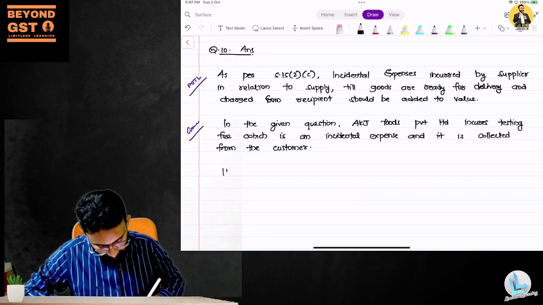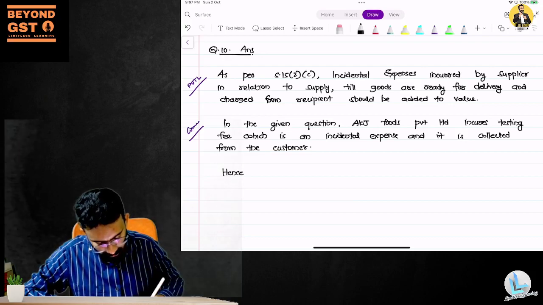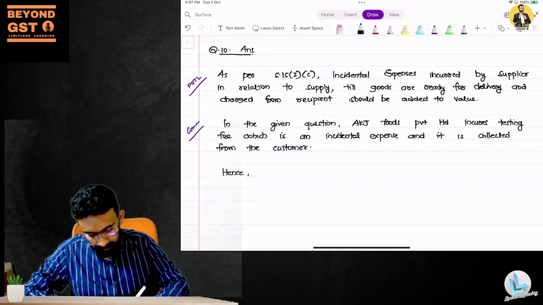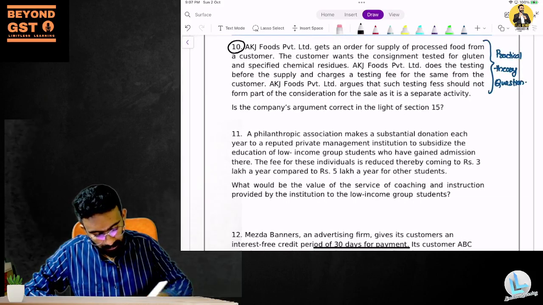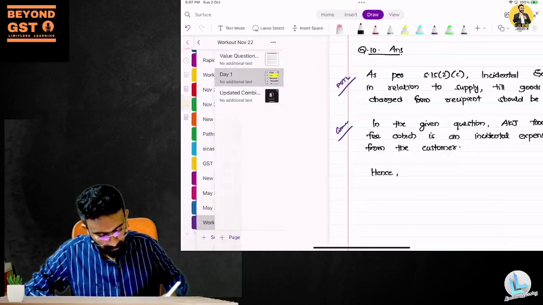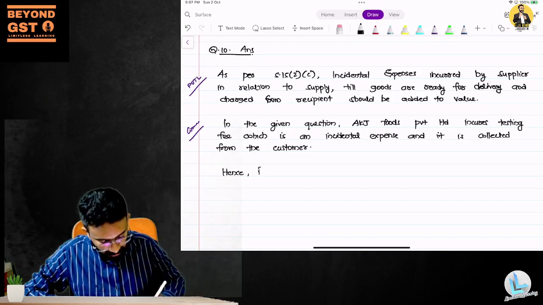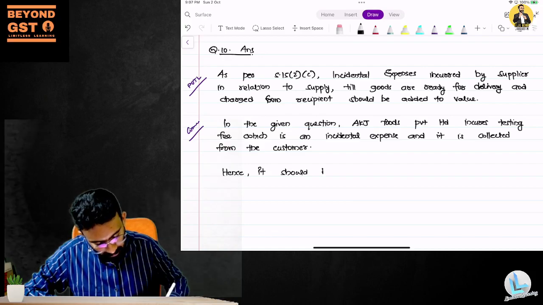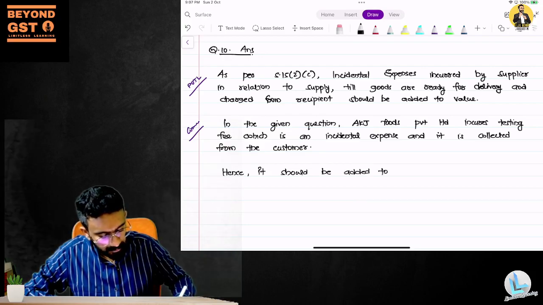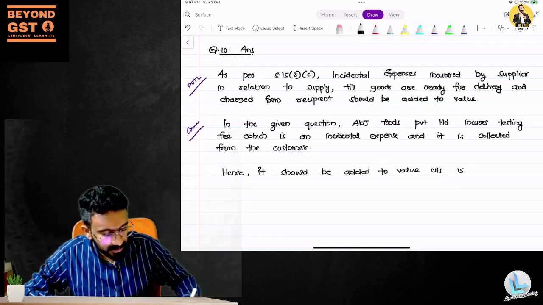What is the conclusion? Hence, it should be added to the value under section 15 subsection 2.